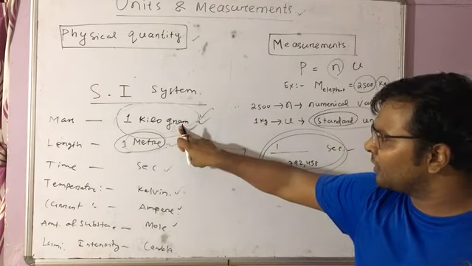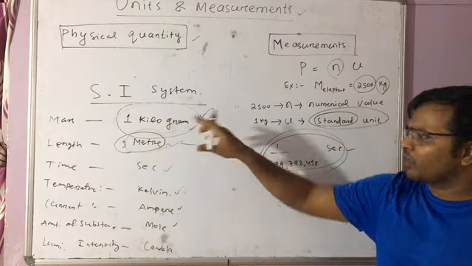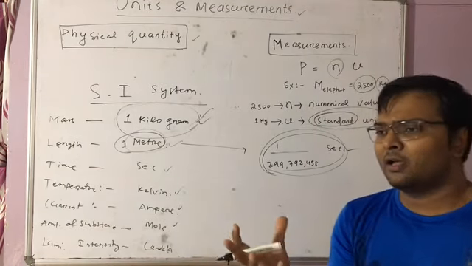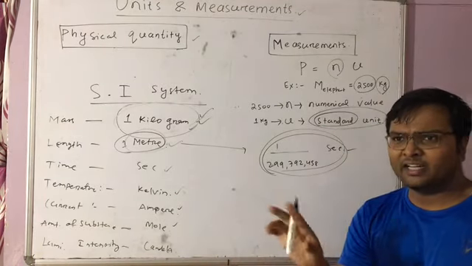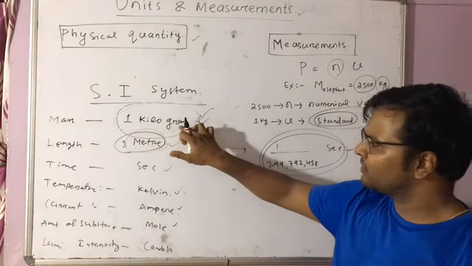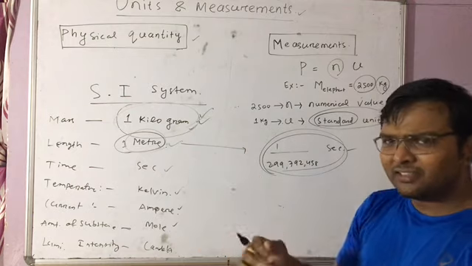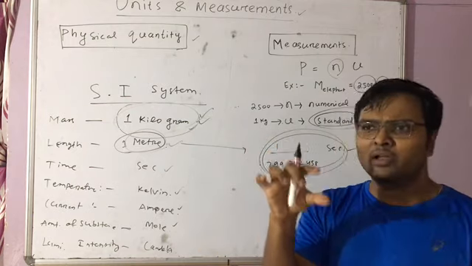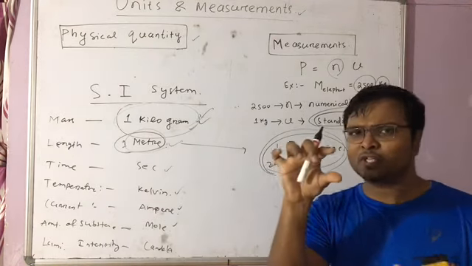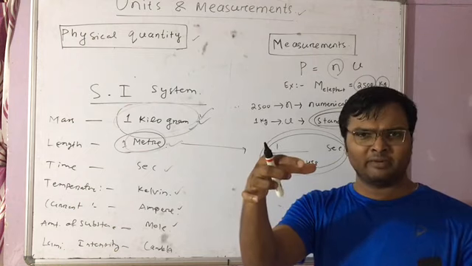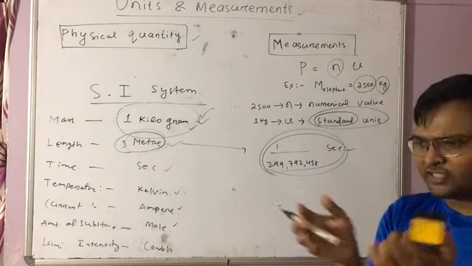So what is 1 kilogram? One alloy is taken, platinum and iridium, in a definite proportion. From that material a small cylinder of 2.5 centimeter height and 2.5 centimeter diameter is taken out.